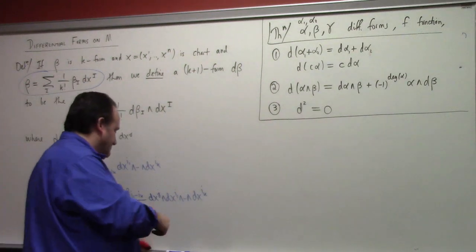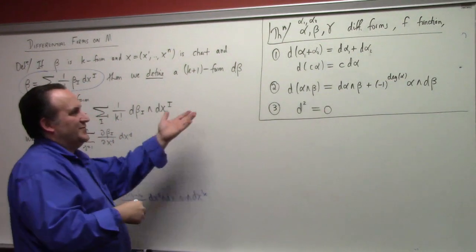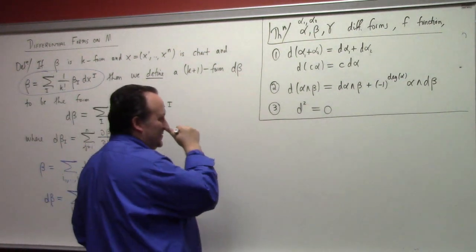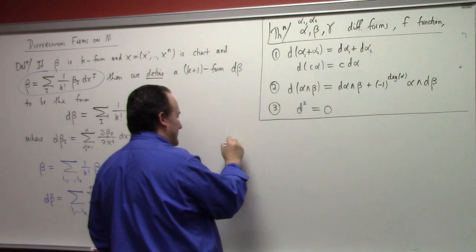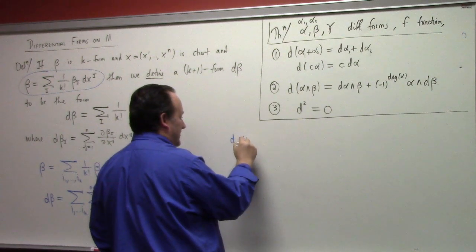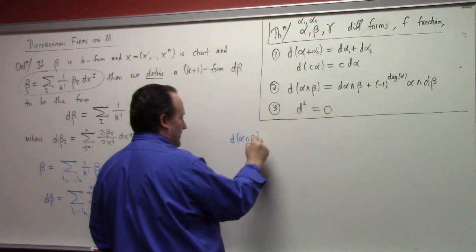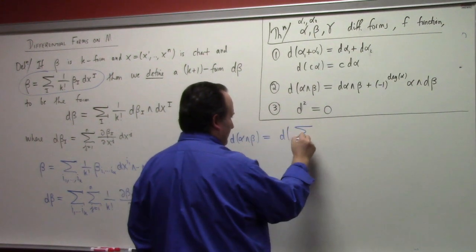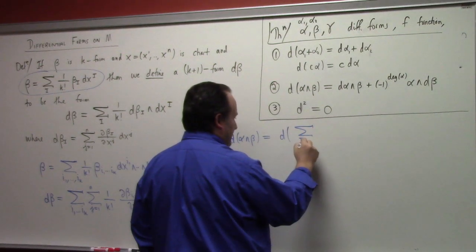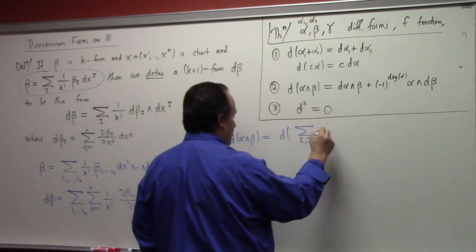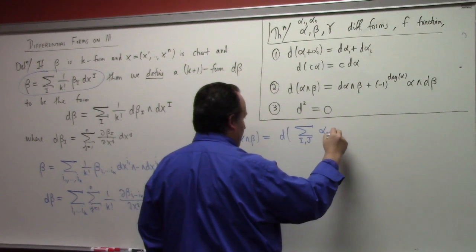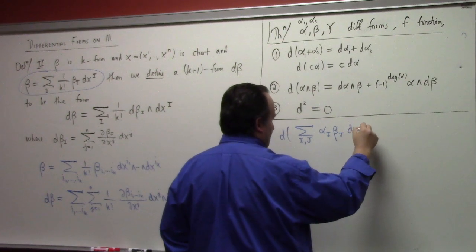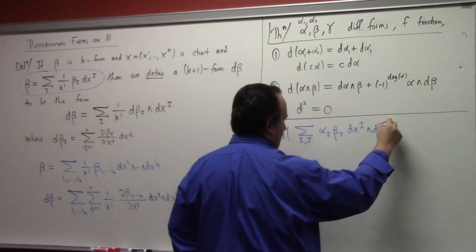So let's prove these. I'm not going to prove linearity because it's boring, okay? But I'm going to prove number 2. So if we have the exterior derivative of alpha wedge beta, that is the exterior derivative of the sum over, let's say, i and j of alpha_i beta_j dx^i wedge dx^j, okay?